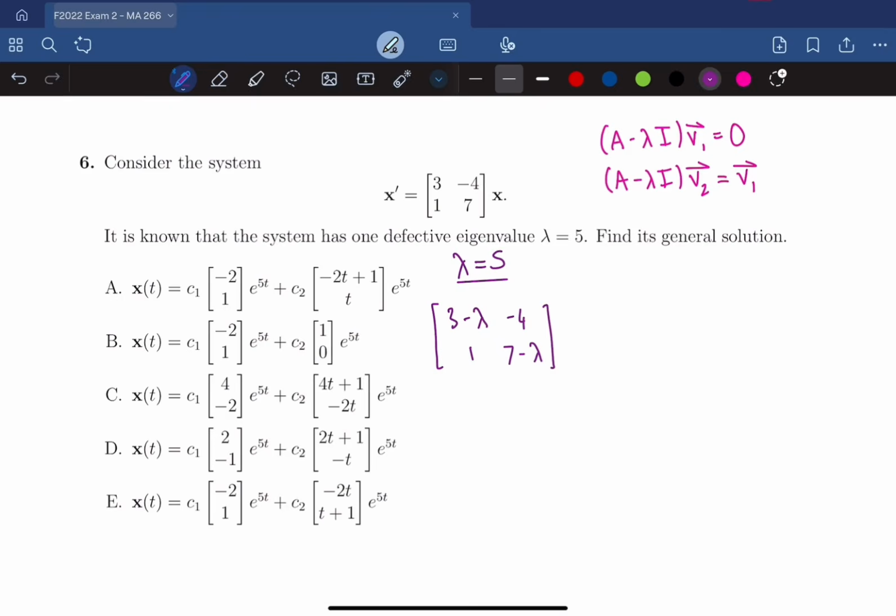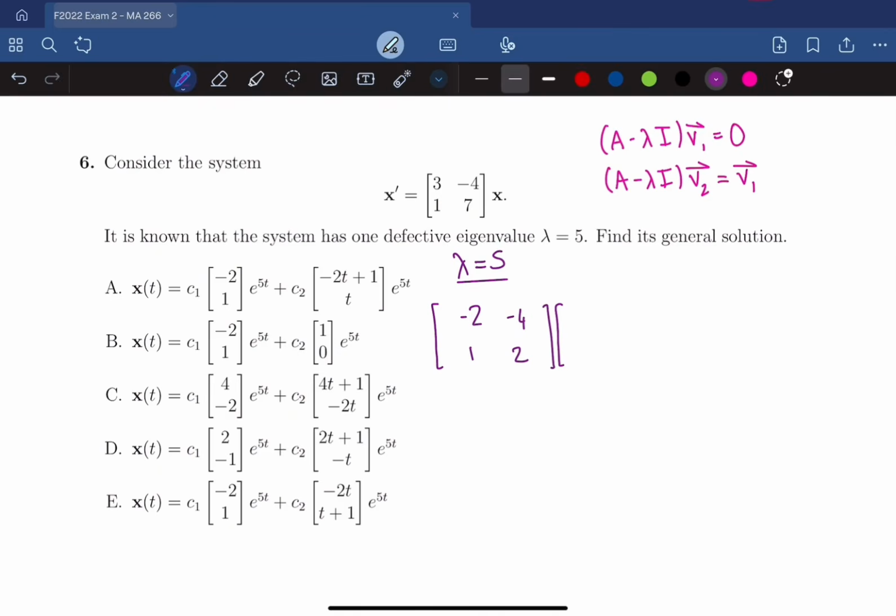We just plug in 5, since we already know the eigenvalue. So 3 minus 5 is negative 2, and 7 minus 5 is 2. This is just putting into practice this property, this theorem.